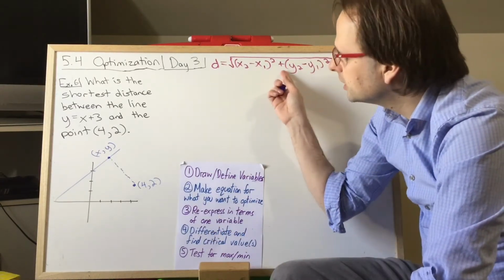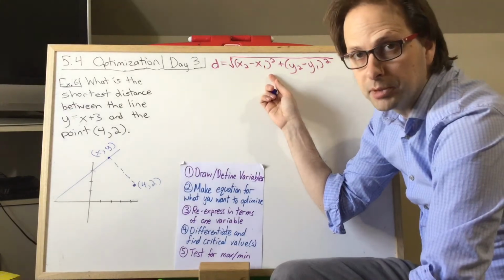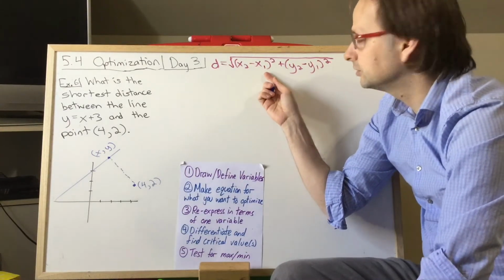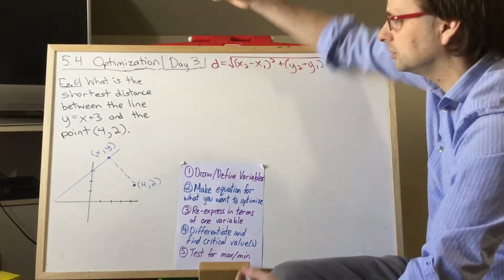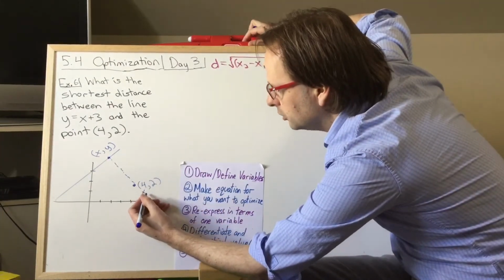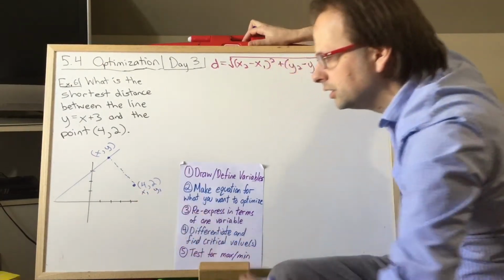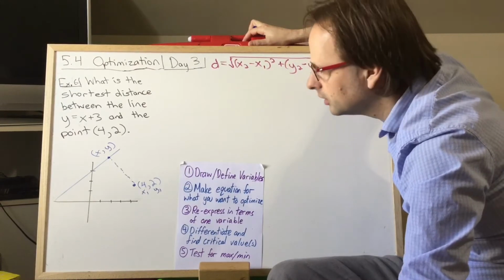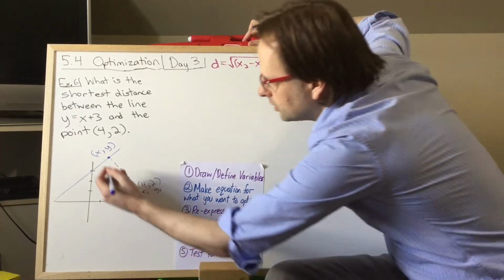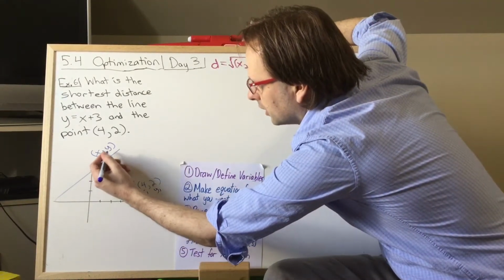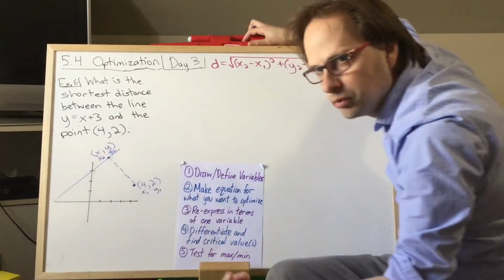So now we're ready to make an equation. And the thing we want to optimize is distance. And we have a distance formula right here, so let's use it. We're going to want to label these ones x1 and y1. I like to do that with the point. You can do it either way. And then this general point here is going to be our x2, y2. Those are unknown.